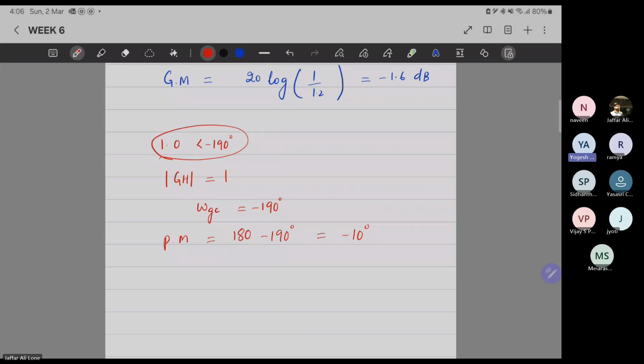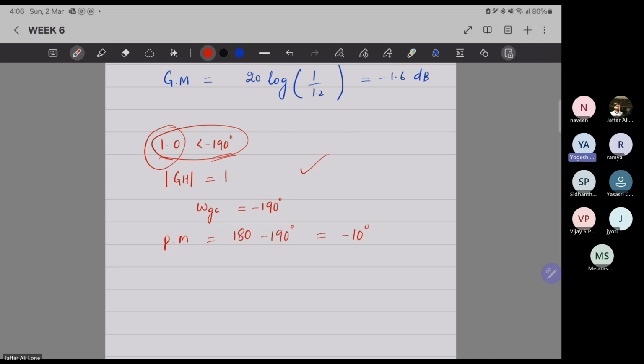So I said when I was explaining gain crossover frequency, it is that frequency when my magnitude is unity. So my magnitude is unity. Then what is this angle?